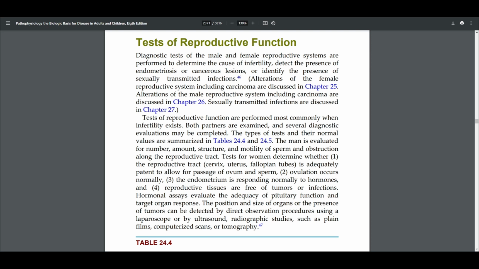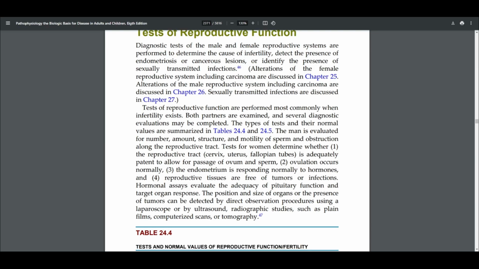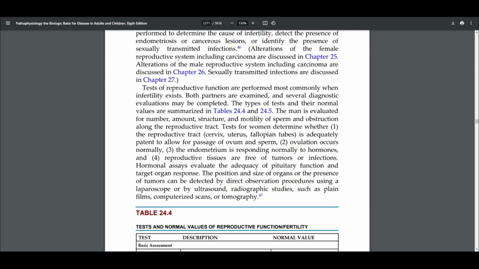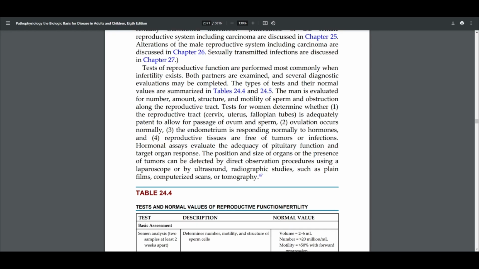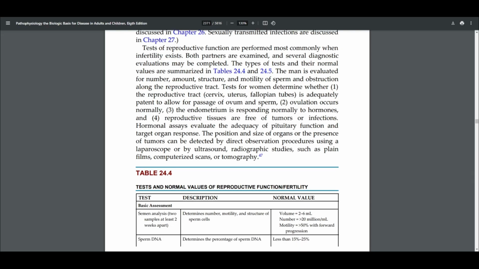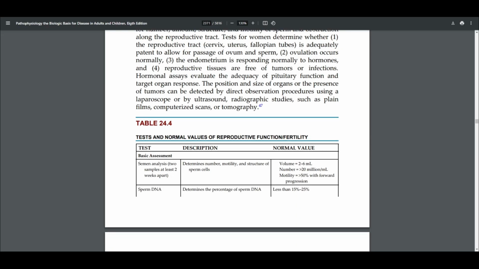Hormonal assays evaluate the adequacy of pituitary function and target organ response. The position and size of organs or the presence of tumors can be detected by direct observation, procedures using a laparoscope or by ultrasound, radiographic studies such as plain films, CT scans, or tomography.